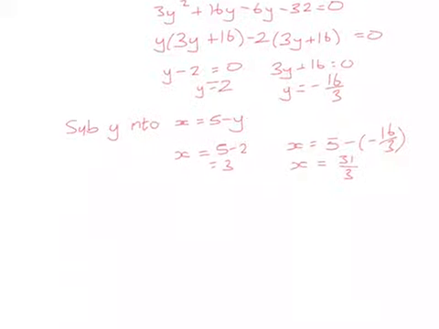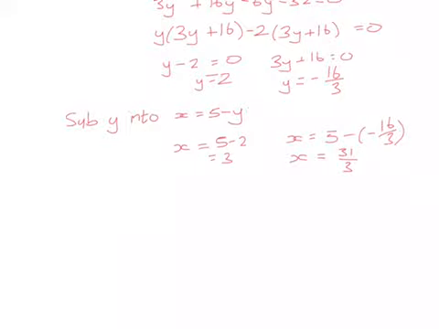So just to write our answers at the end very neatly, our 2 answers are: x equals 3 when y equals 2, and then x equals 31 over 3 when y is minus 16 over 3.